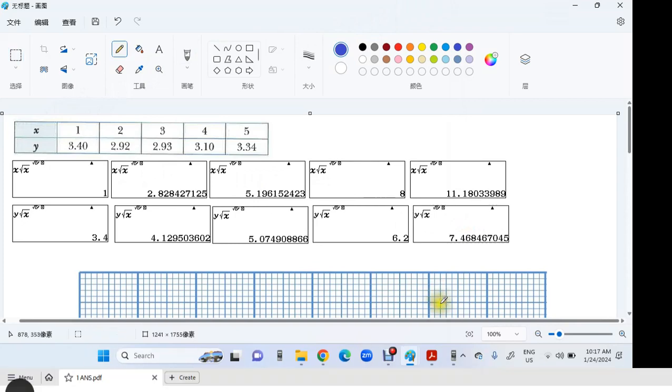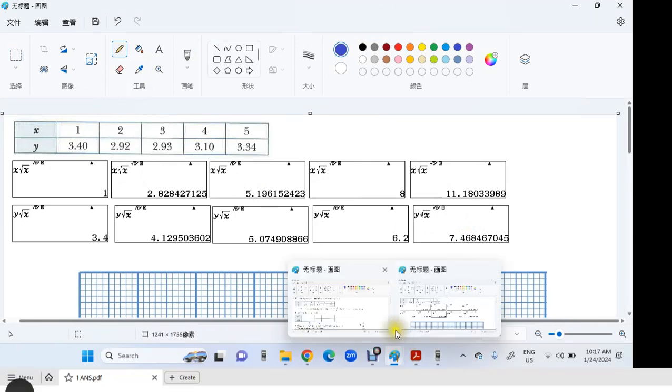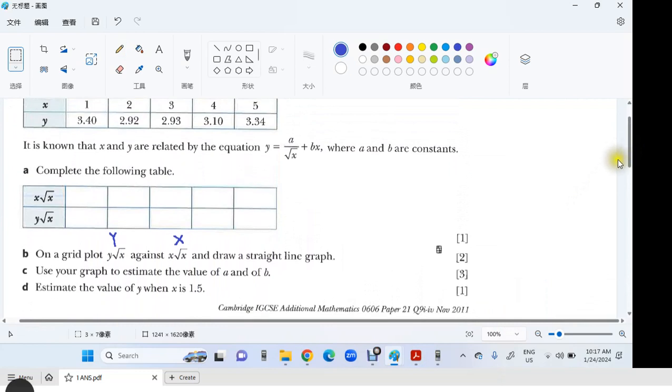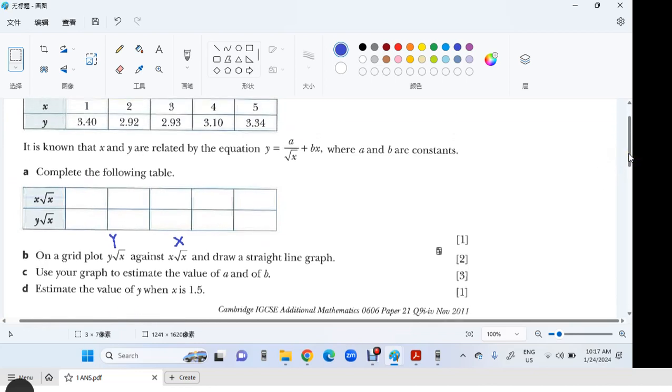Here they want us to use a graph to estimate the value of a and of b.